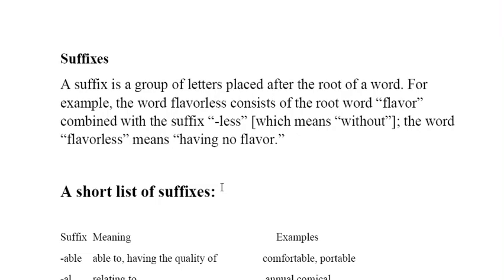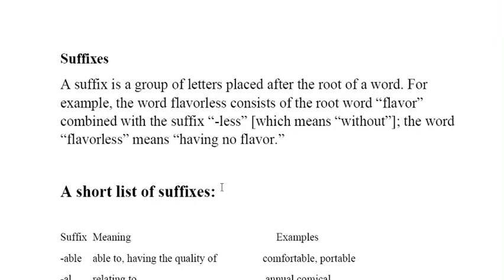So simply, a prefix means a group of letters that takes place before the root of a word, and a suffix means a group of letters that takes place after the root word. So you see an example here, a root word flavor. If we add the suffix less, then it becomes flavorless, meaning having no flavor.